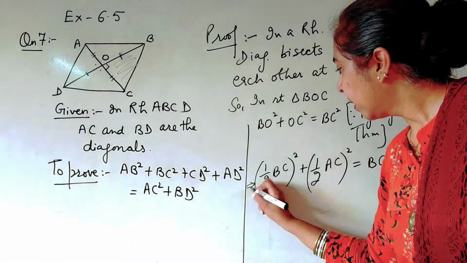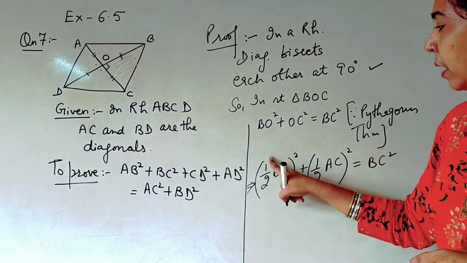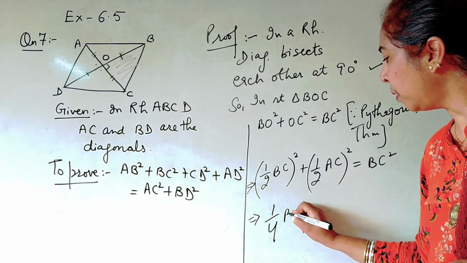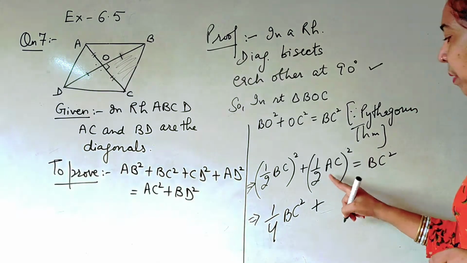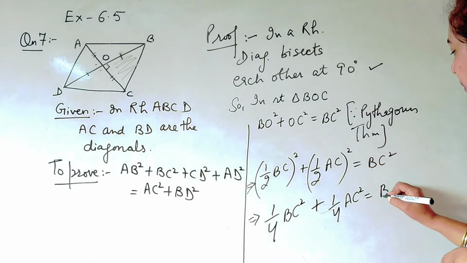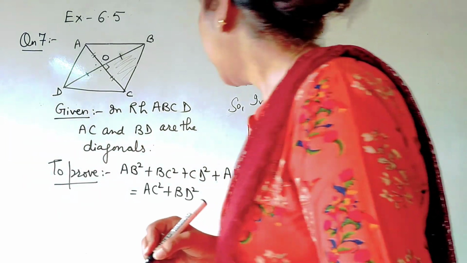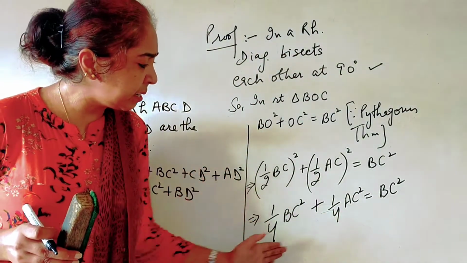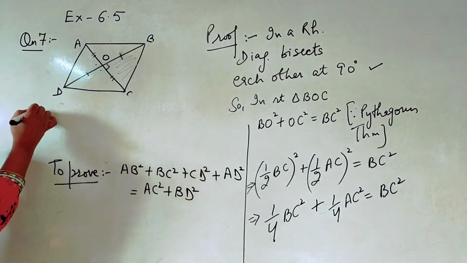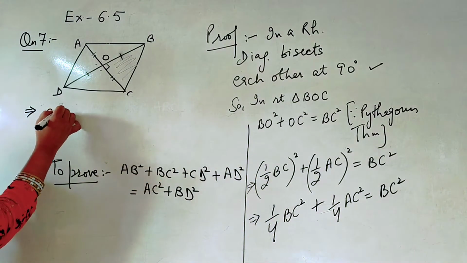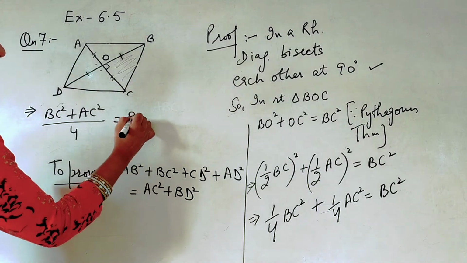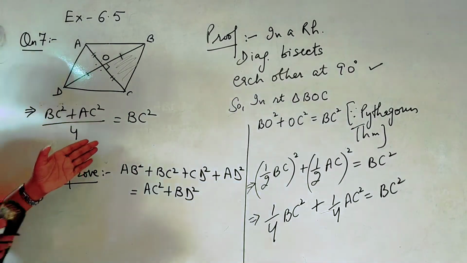BC square remains the same; there will be no change. Now 1 by 2 whole square means 1 by 4 BD square, similarly this will be 1 by 4 AC square, and it is equal to BC square. Now what we have to do? We have to take the LCM here and we get BD square plus AC square by 4 equal to BC square. Am I right?